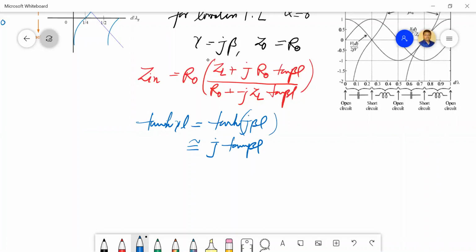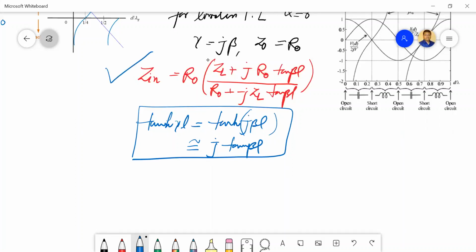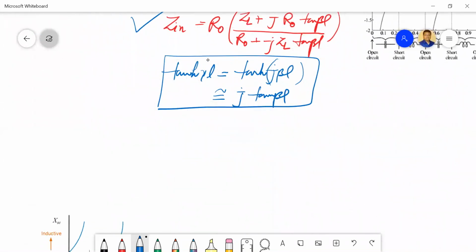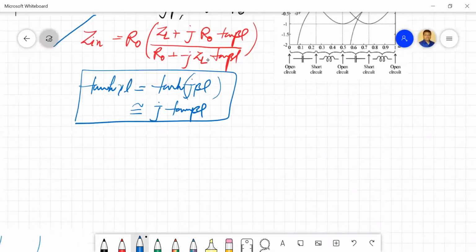So this is the mathematical relation we used here. This is the new definition of input impedance when there is a lossless transmission line and Z naught is equal to R naught, a real value.